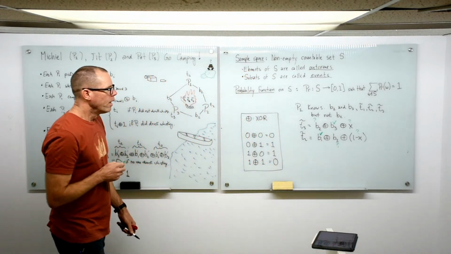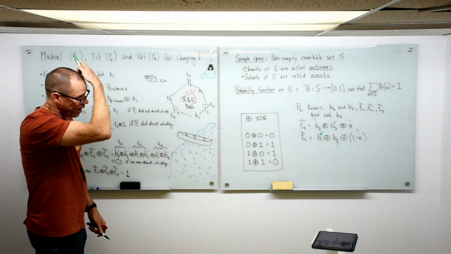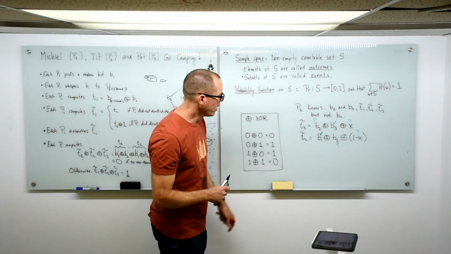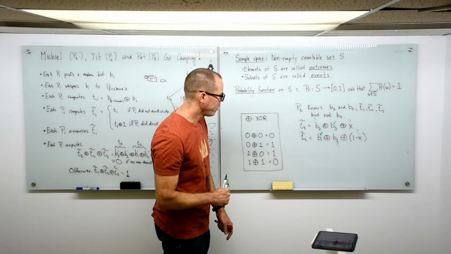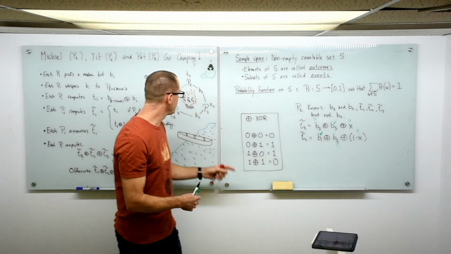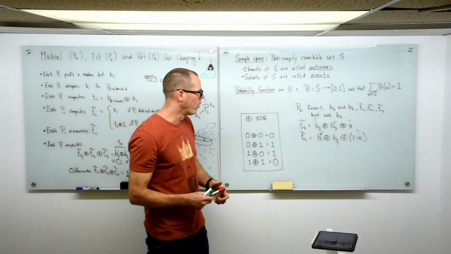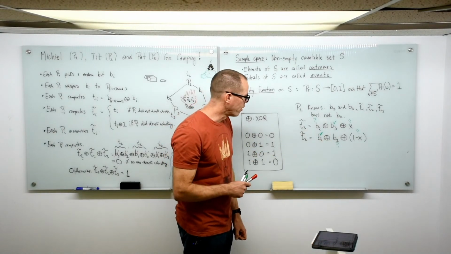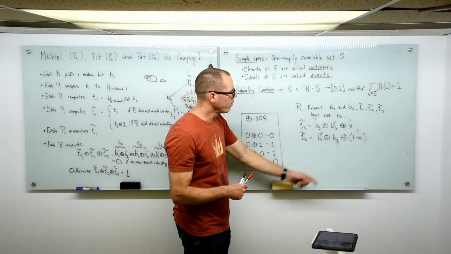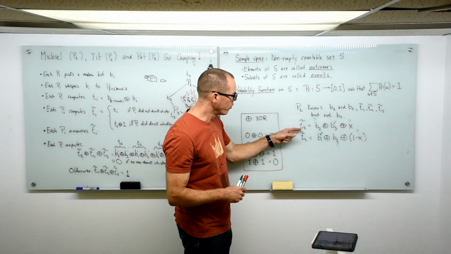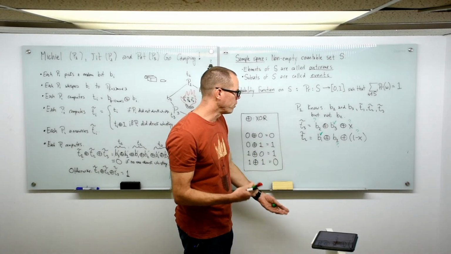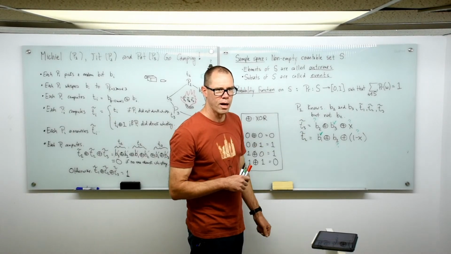Okay. And in order to identify which of these two people it is, I need to know B2. So if B2 is 0, then I can figure out from the value of x which of these two it was, and if B2 is 1, I deduce the other thing.